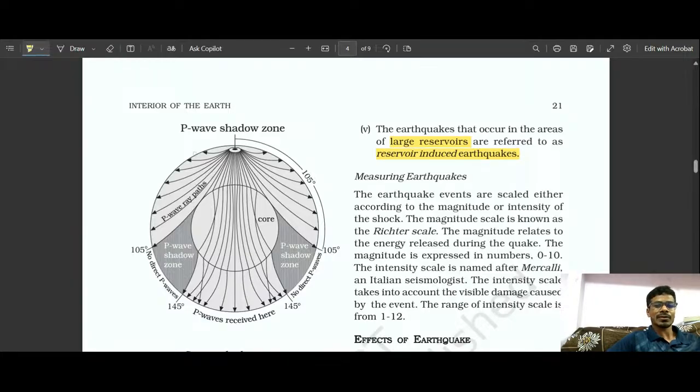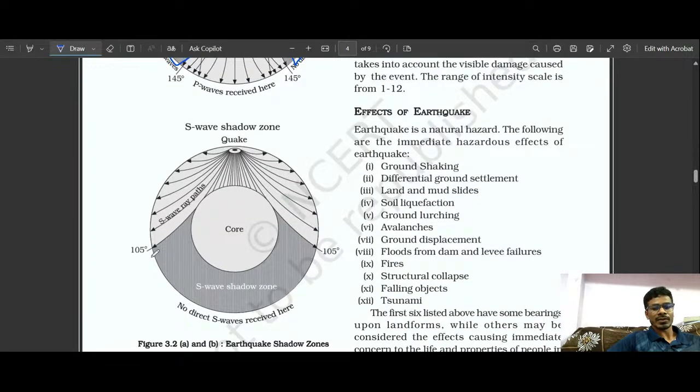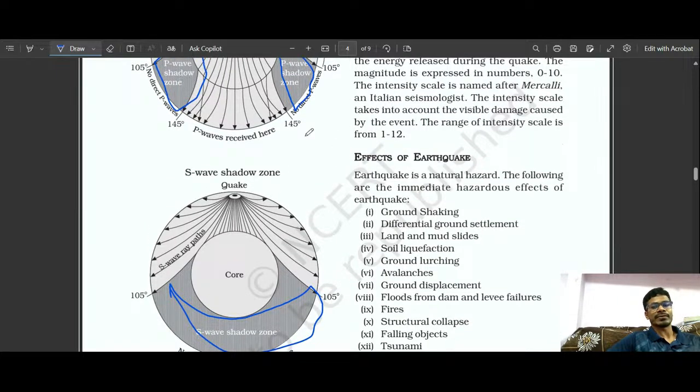Now moving to this diagram. As we can see, this is the shadow zone of the P wave, from 105 to 145 degrees. This is the shadow zone for P waves, while for S waves this is a shadow zone, because the density of the material is different.